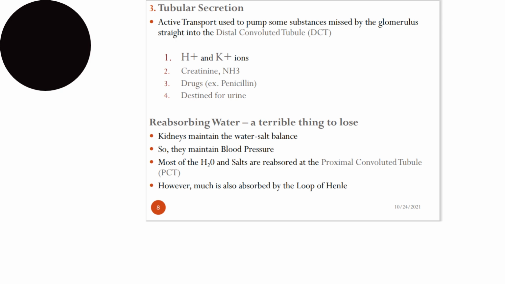So those substance seperti hydrogen ion, potassium, creatine, drugs, for example penicillin, akan di actively pump from blood circulation to the distal convoluted tubule, DCT. So dekat sini tak ada penyerapan, tak ada melibatkan water. So mostly proses berlaku secara aktif, which is memerlukan energy.